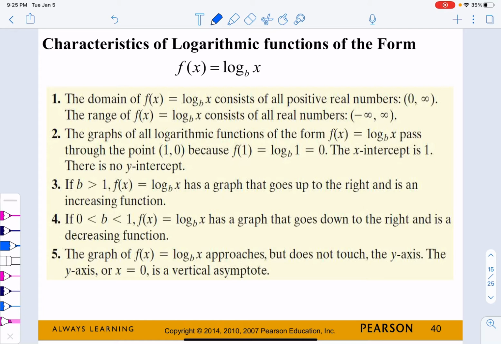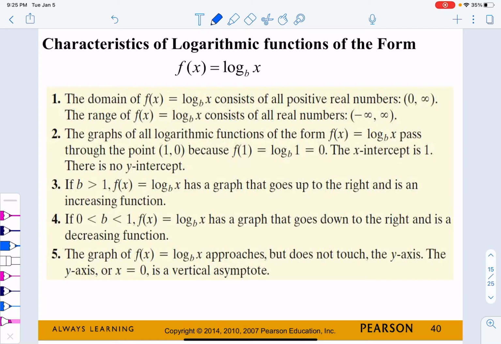It says if b is greater than 1, f of x equals log base b of x has a graph that goes up to the right and is an increasing function, just like what we just looked at. For part number 4, if b is between 0 and 1, meaning it's a fraction, f of x equals log base b of x has a graph that goes down to the right and is a decreasing function.